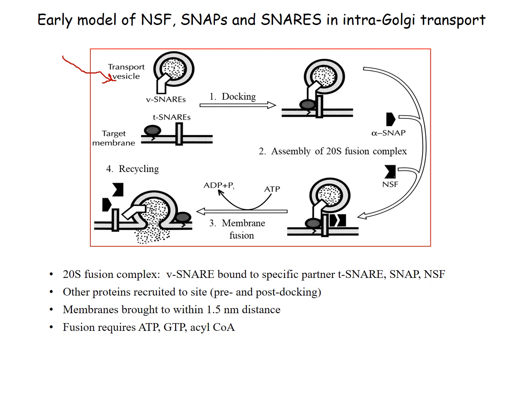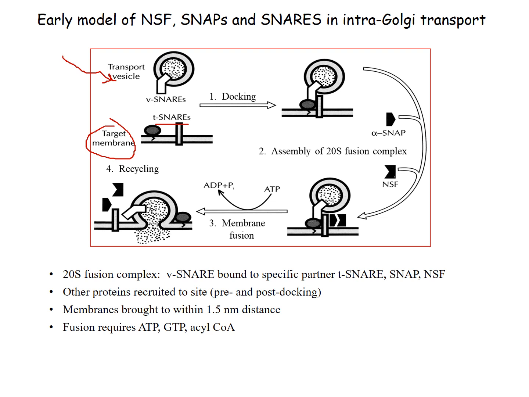Transport vesicles contain cargo inside, and they have a SNARE protein called V-SNARE, vesicle SNARE. And if a Golgi membrane stack is the target, the destination has a T-SNARE.